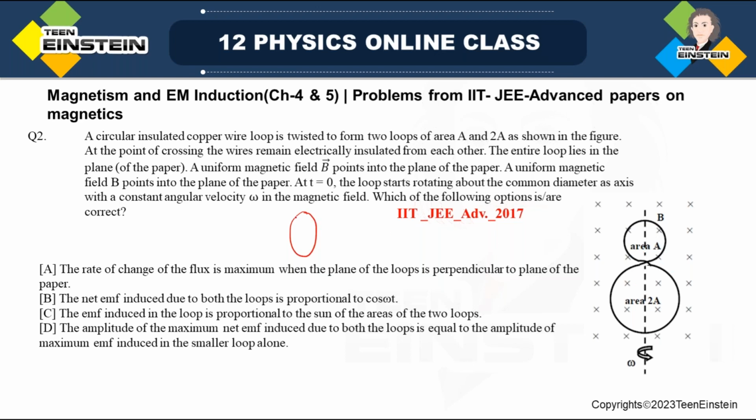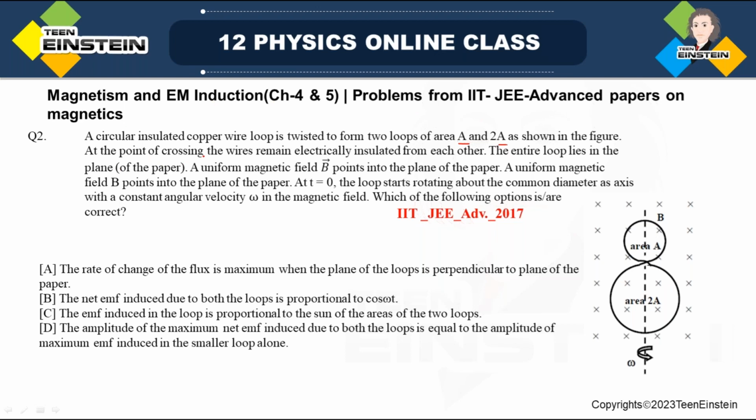It is twisted in such a way that one has an area greater than the other, to form two loops of area A and 2A, one having double the area of the other. So this has 2A, this is A, as shown in the figure.